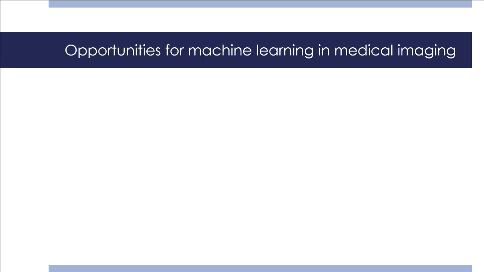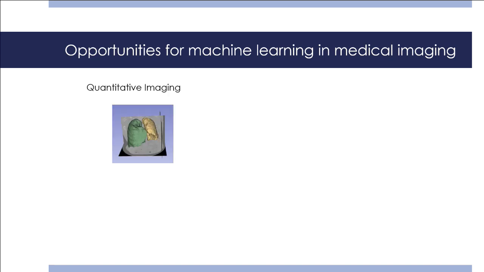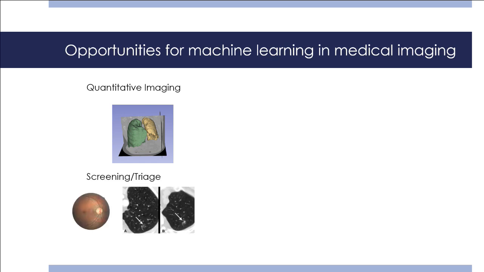In terms of opportunities for machine learning, the things that we can probably hope to teach a machine to do are in the areas of quantitative imaging. In the screening setting, one area that some people are very interested in is seeing how to get the machine to read in low resource settings, for instance, in places where they don't have enough manpower and resources.